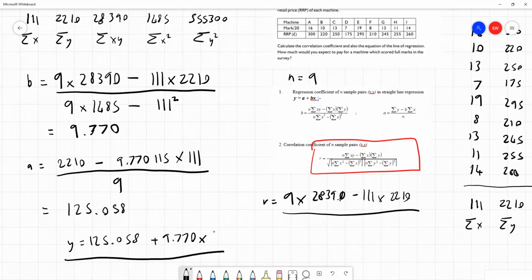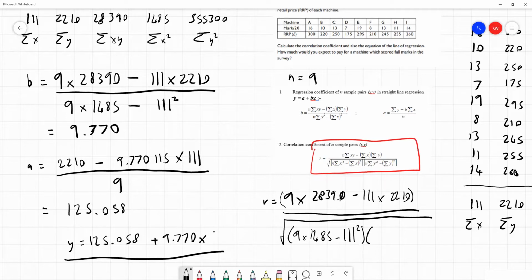Now, if you're putting this in the calculator, sometimes it's best to put this top bit in brackets before you put the rest in. We don't have to do that when we're writing out our math by hand, but just be careful when calculating. This bottom bit here is the square root of everything in the bottom, and there are 2 brackets. So we've got 9 times the sum of x squared, which is 1485, minus the sum of x all squared, so that's 111 squared.